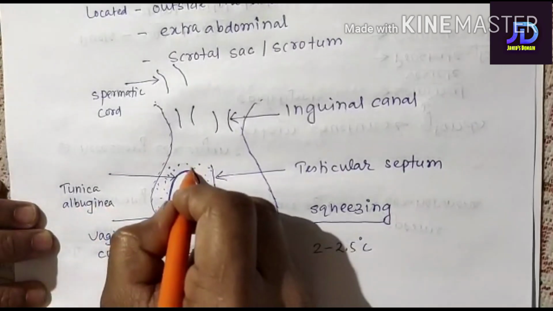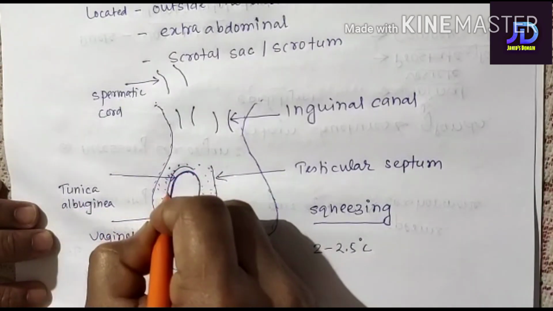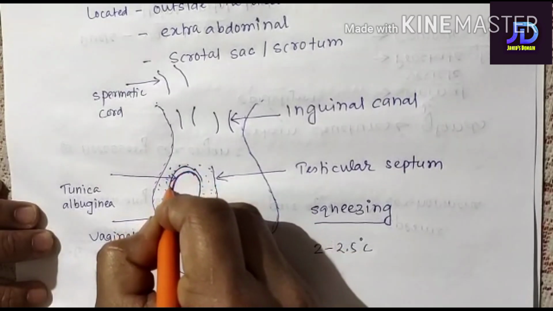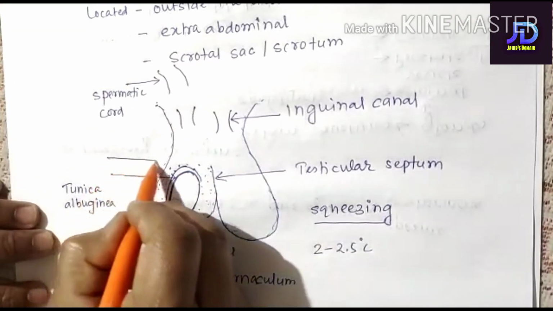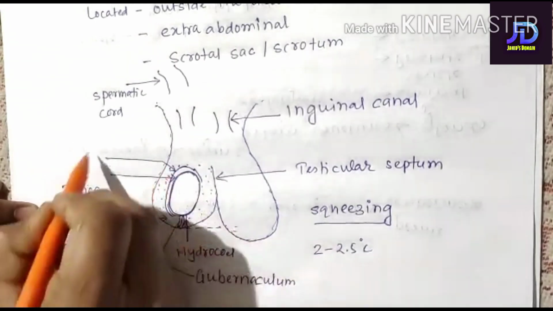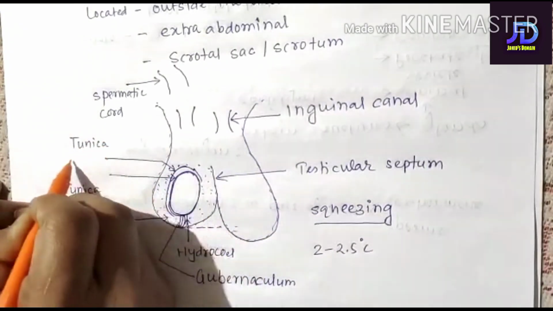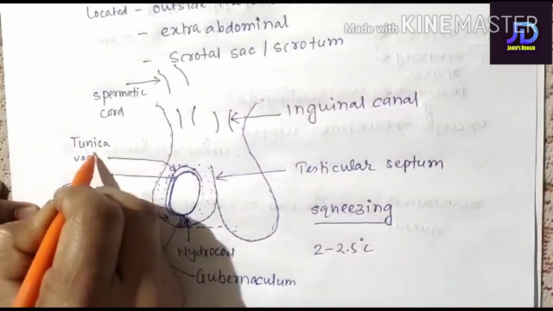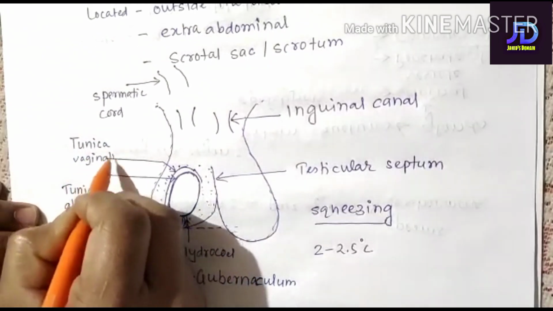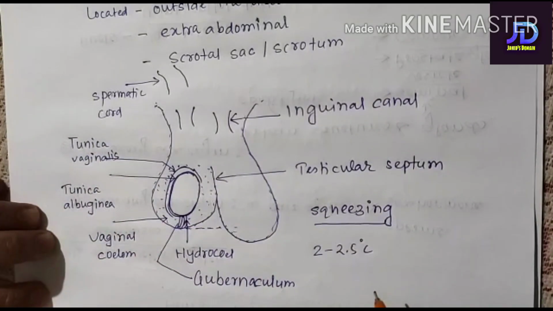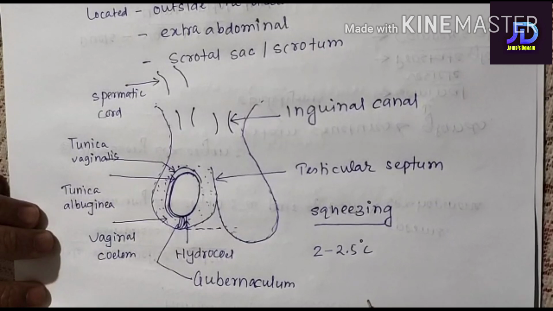This tunica albuginea is surrounded by another layer of tissue, and this layer is known as the tunica vaginalis. This is the overall structure of the testis.